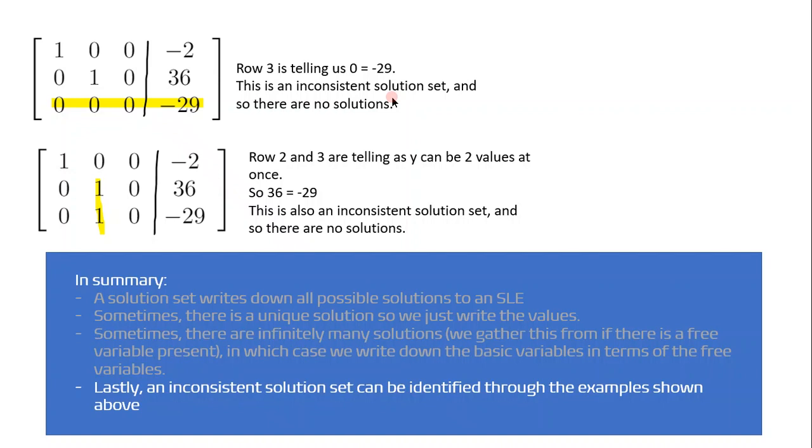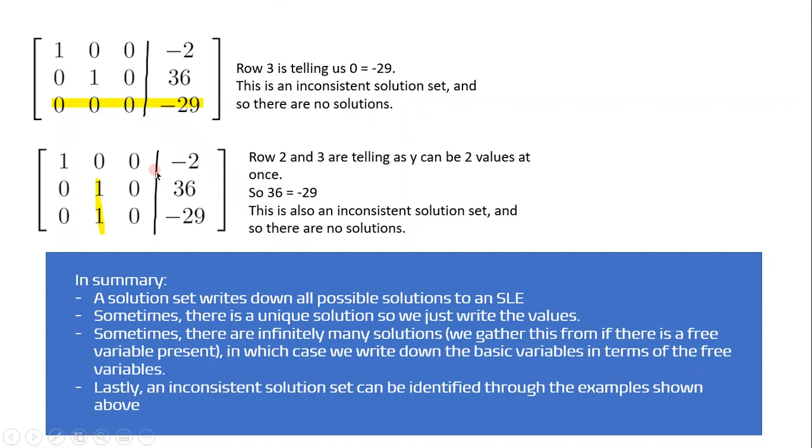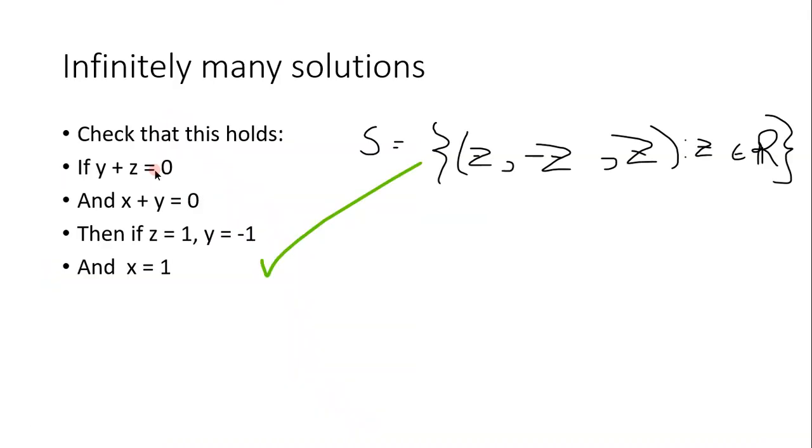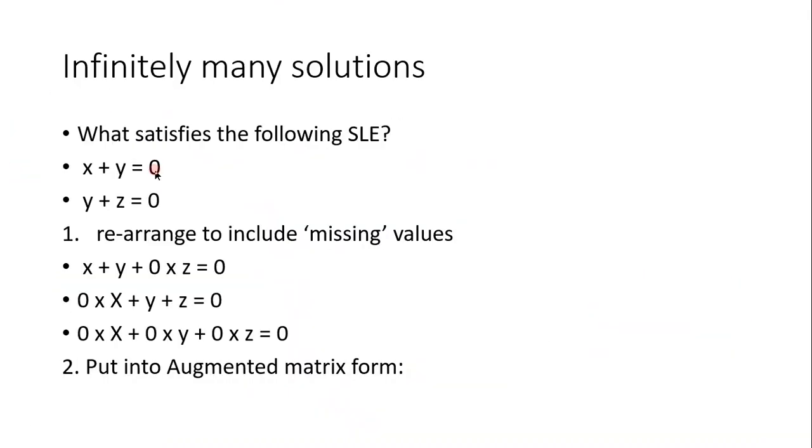Lastly, an inconsistent solution set can be identified through the examples shown above. And that's it. Now the last thing I want to leave you with is that it is very important to remember that if there are fewer equations than there are variables, then you're going to have infinitely many solutions.